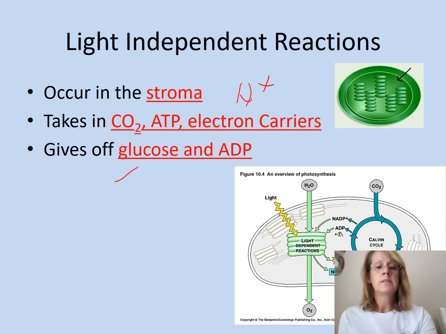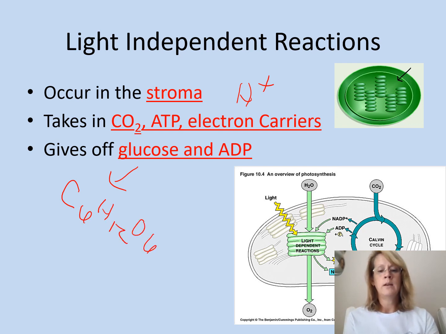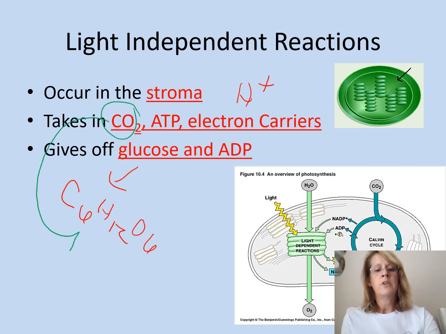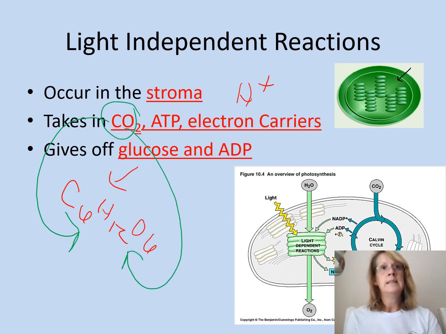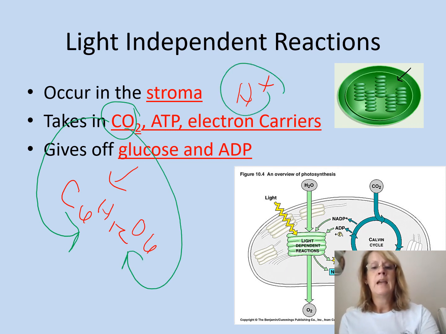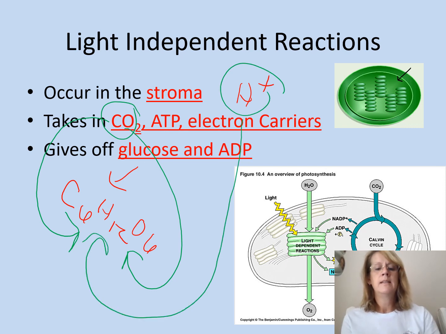Remember, glucose is C6H12O6. Well, right here, I have the carbon and oxygen needed for my cake. And now I have the hydrogen needed, and I can mix them all together to make the sugar that I want.